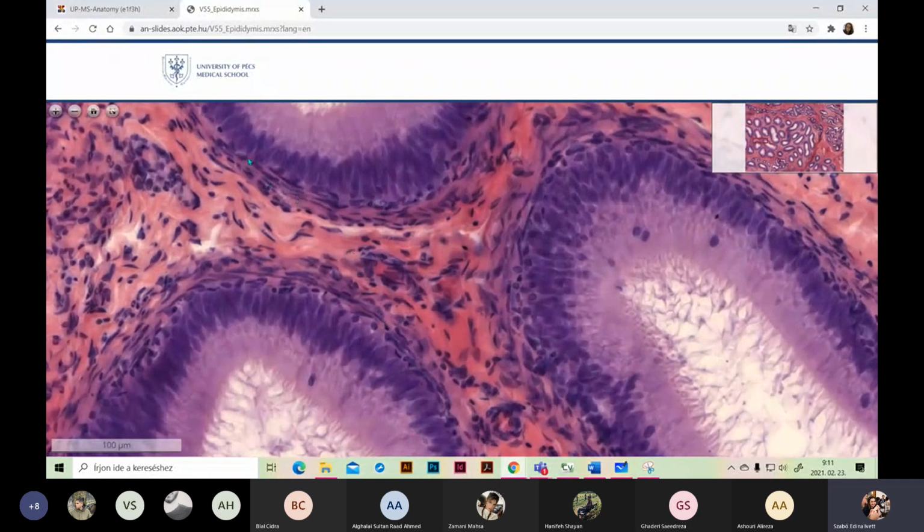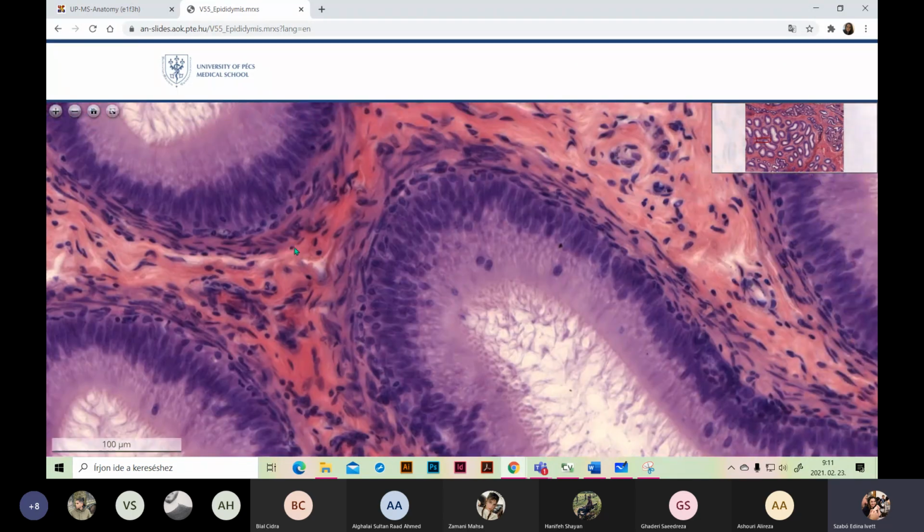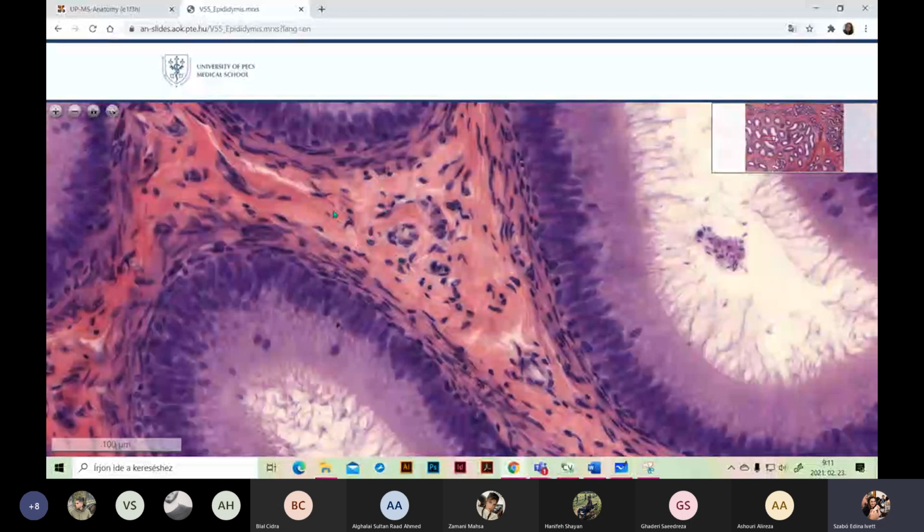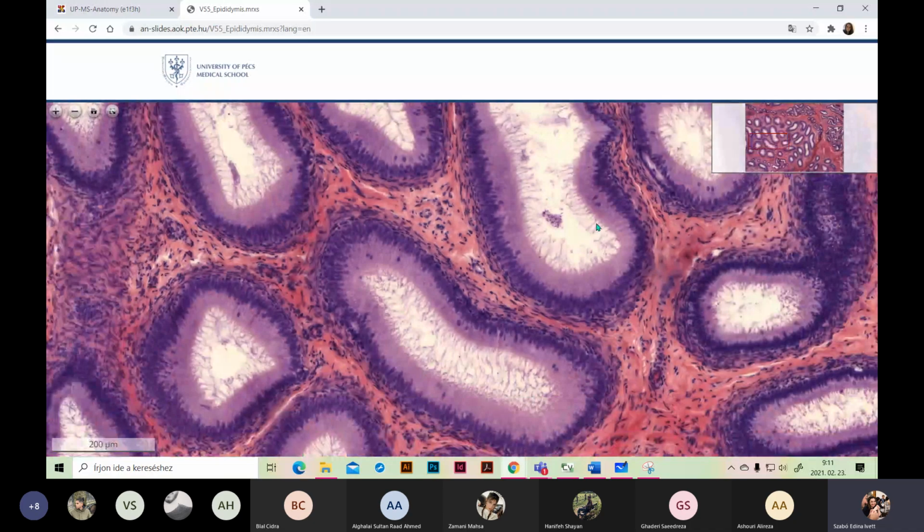Which type of cells are here in this zone with darker eosinophilic color? They are smooth muscle cells. Okay. And which type of tissue here? Loose connective tissue. Okay.